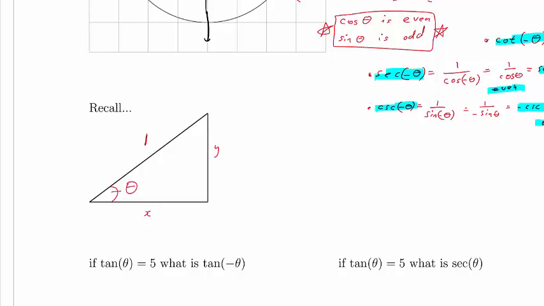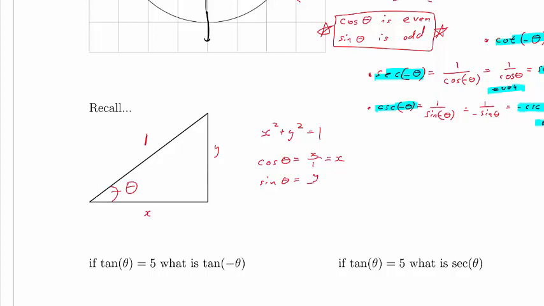So let's first go through everything. Pythagoras says x squared plus y squared equals 1. And now let's calculate cosine theta. Well, that equals the adjacent, which is x, over the hypotenuse, which is 1, so it's just x. And then let's look at sine theta.